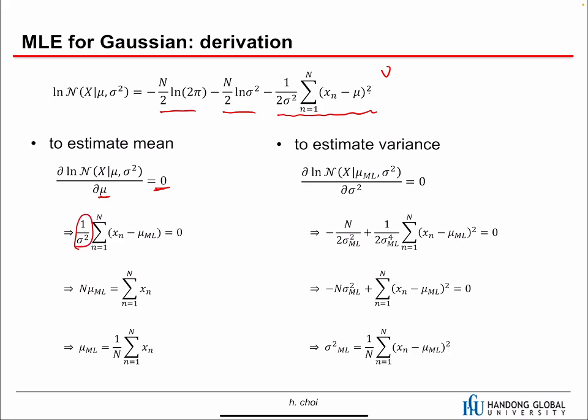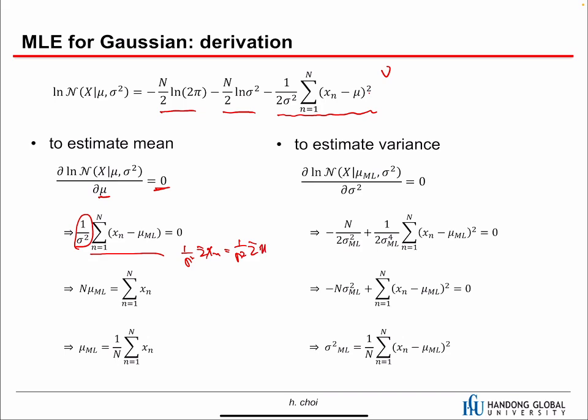Now we have 1 over sigma square, sum of x_n, equals 1 over sigma square times mu.